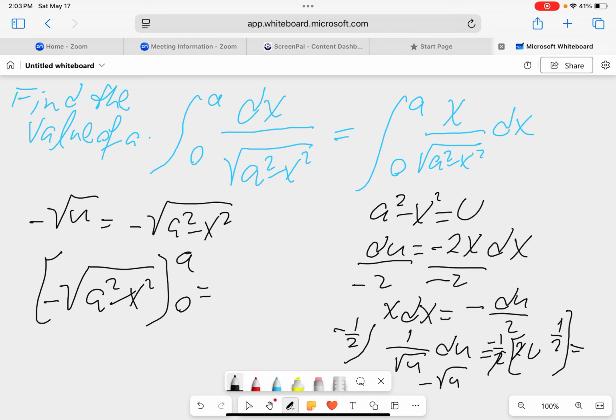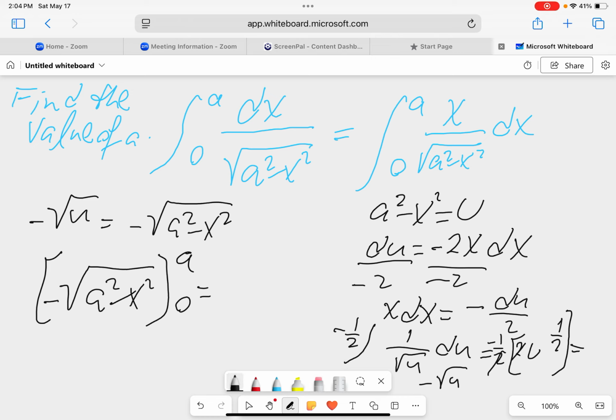When I substitute a here, I end up with negative square root of a squared. And then if you put 0 here, it ends up with 0. And then if I put the negative on the second term, let me get rid of this part here. Let me show you.